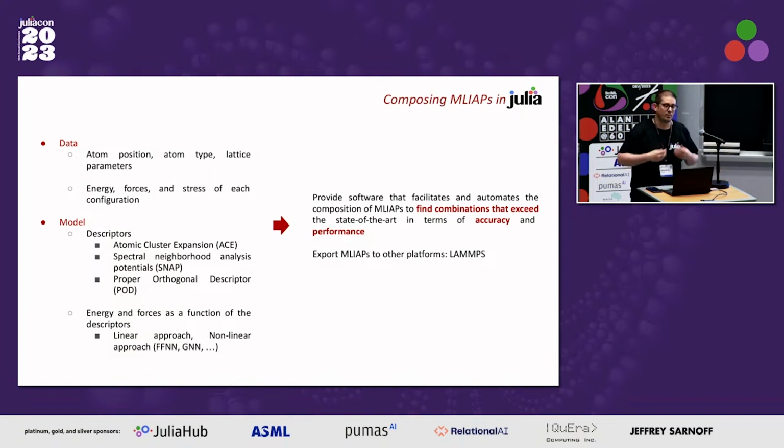So we are developing software for facilitating this task, for automating this task, and at the end of the workflow, provide a model that can be used in Julia, but also in other platforms.